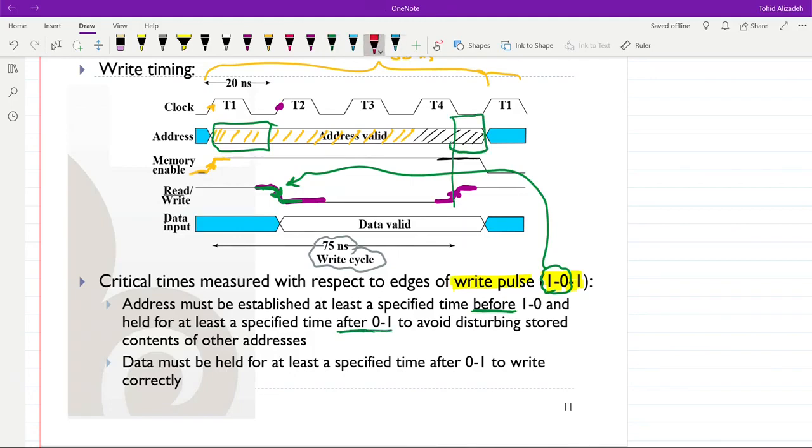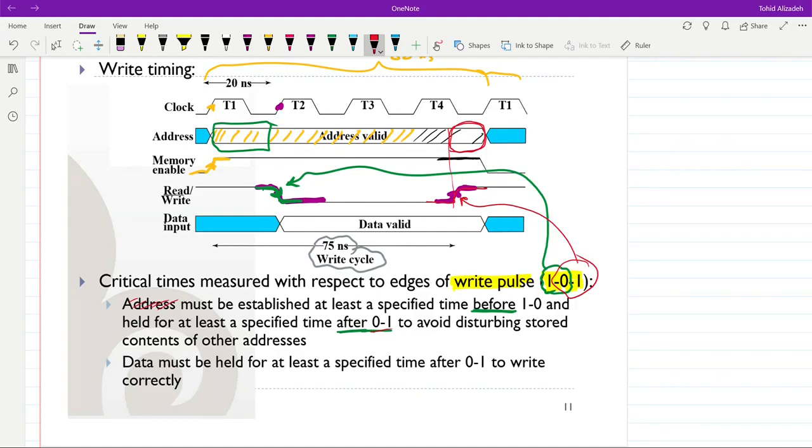Let me use another color maybe. So after 01, which is here, this 01 happens over here. We go from 0 to 1. And for a specific amount of time after that time instant, the address must be held.